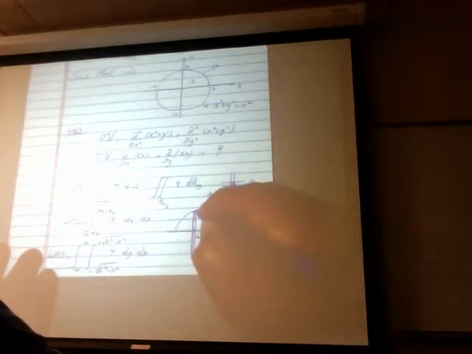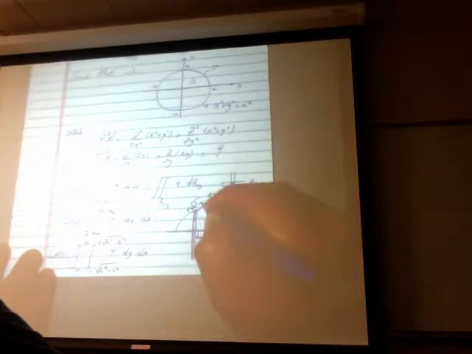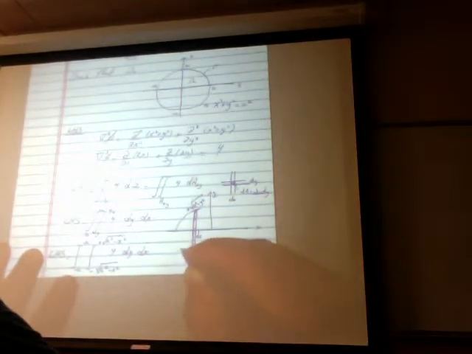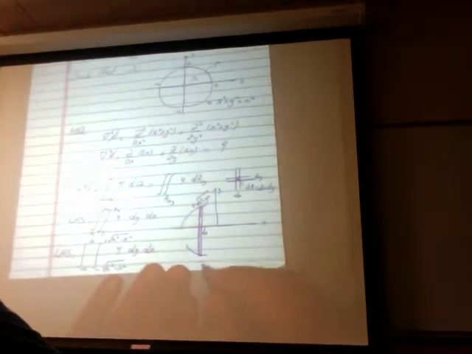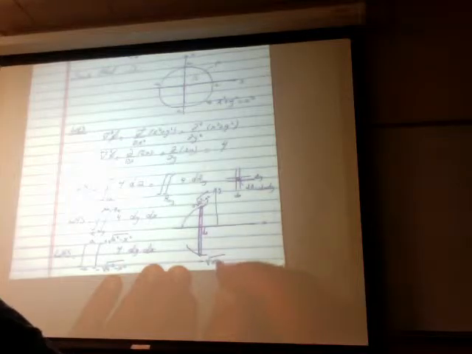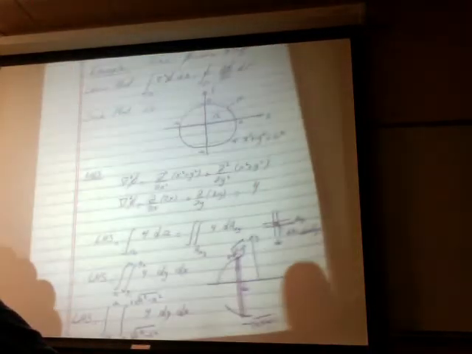So this height right here is plus square root of a squared minus y squared, while this height right here is minus square root of a squared minus y squared. Okay, and now we process that integral.